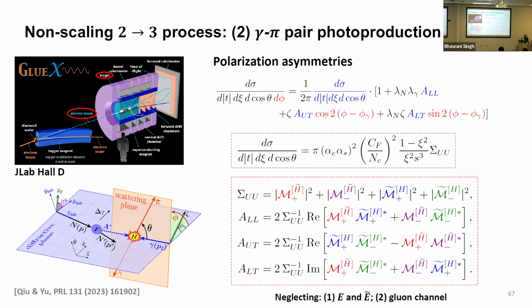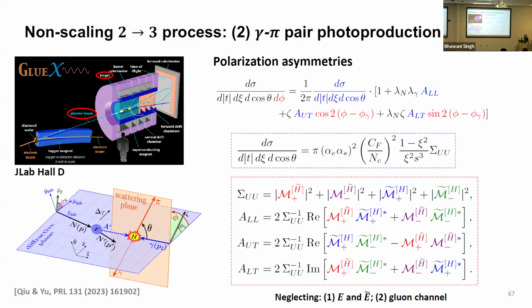Here we not only get a similar thing, we get something extra, because by putting the photon in the initial state, we have experimental control over its polarization. This gives us extra polarization asymmetries, as signified by these different azimuthal modulations.